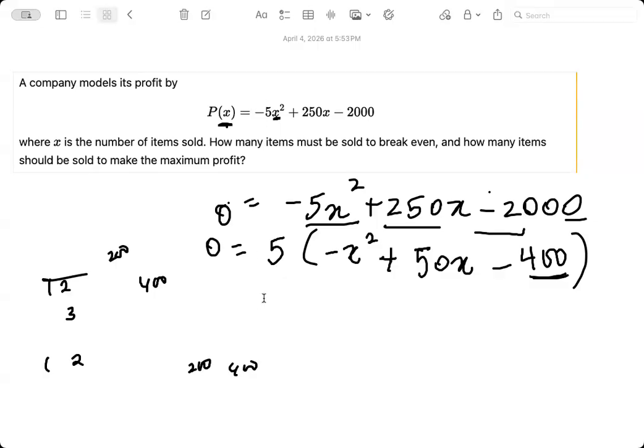Good job. So why don't you split and write? You're going to split this and write, right? Plus 40x plus 10x, right?